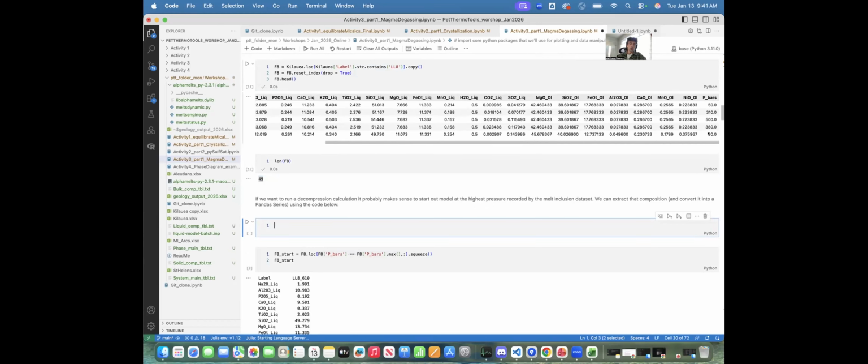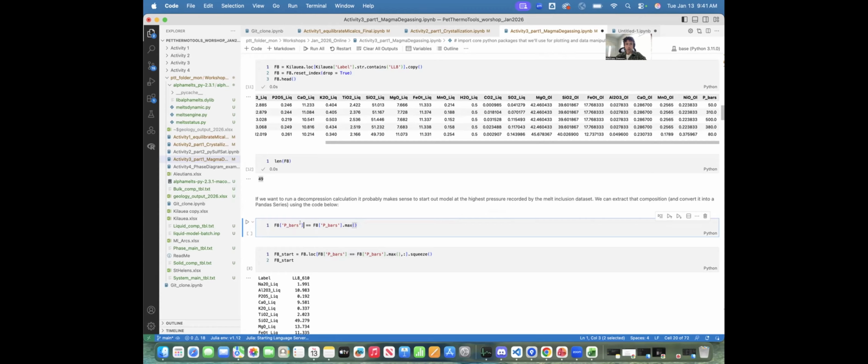And you could argue that maybe with melt inclusion data, starting with the system that had the highest pressure, potentially the least influenced by degassing or post-entrapment processes that could cause loss of volatiles, that one with the highest pressure might represent something approaching the system prior to decompression. Maybe taking just the highest one is a little bit too much, but nevertheless, we can use that as a starting point for our decompression calculation.